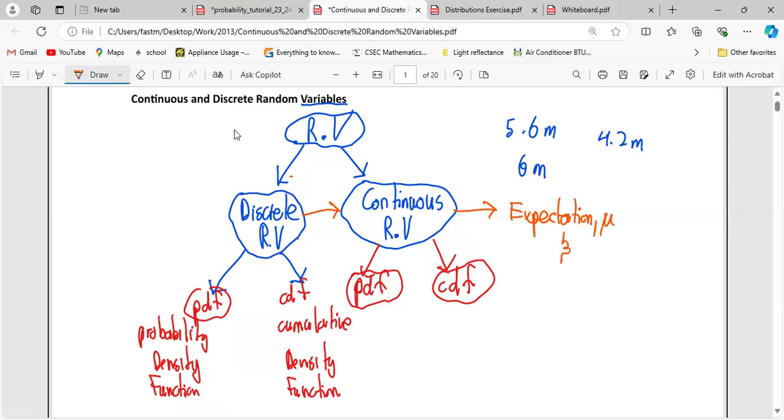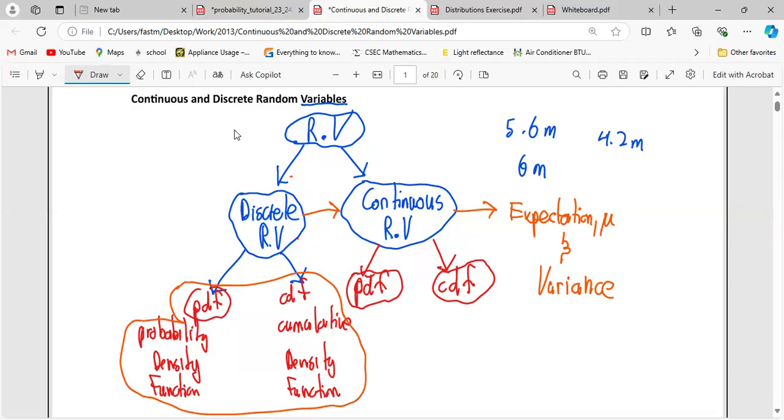And the last thing that she will ask you to get is something called the variance. Alright, so everything on this map, you need to know how to do it for discrete and continuous random variables. That's why I think this covers the topics that she could bring.